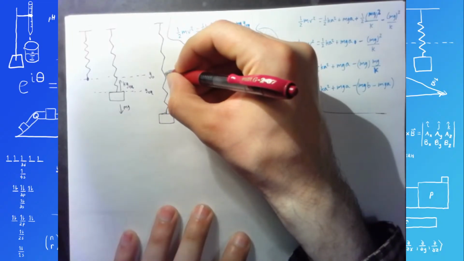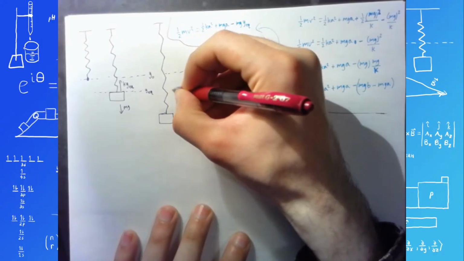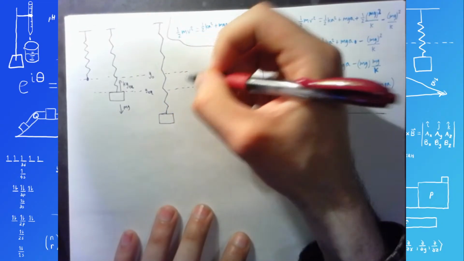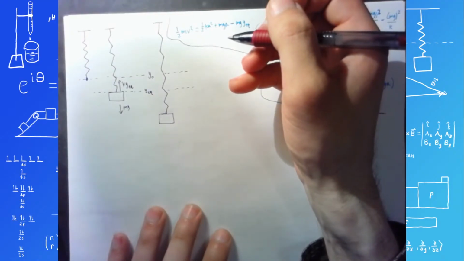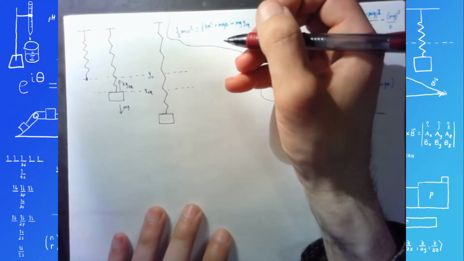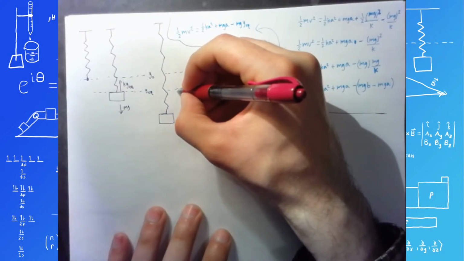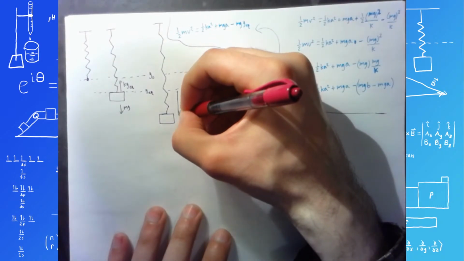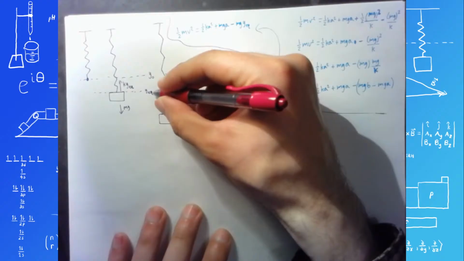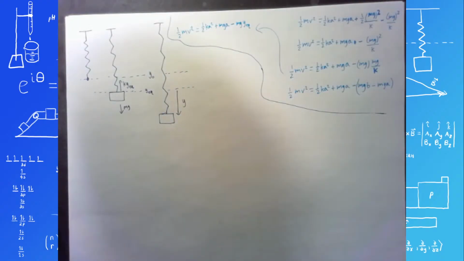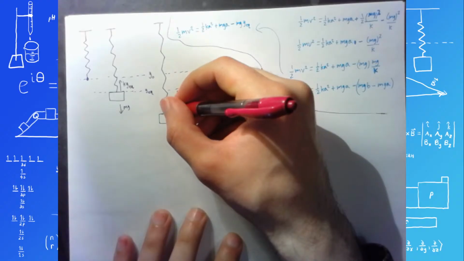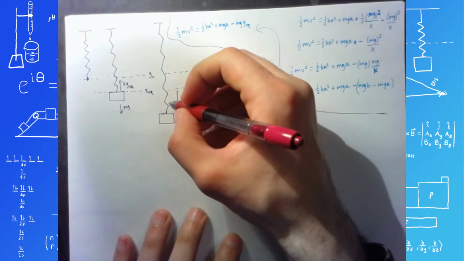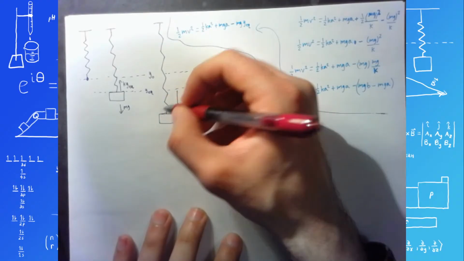So this I would call a distance of, I guess I would call it a distance of just y from the new equilibrium position. Well then, what is the spring force acting on it over here? What is actually, better yet, what is the net force on this thing?